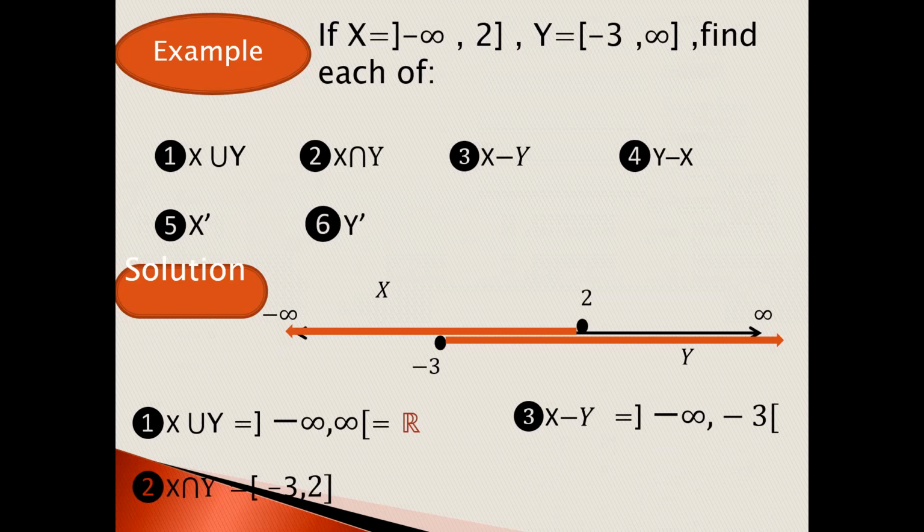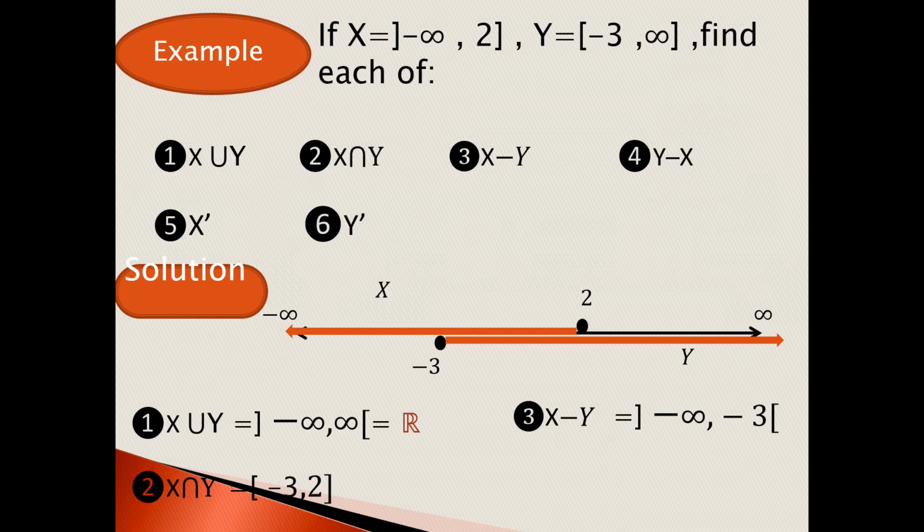X difference Y. I want here the numbers included in X but not included in Y. The number included in X, negative infinity, is not included in Y. So the answer starts with negative infinity. Then the next number, -3. -3 is included in Y but not included in X. But I'll take it because I'll take its opposite.